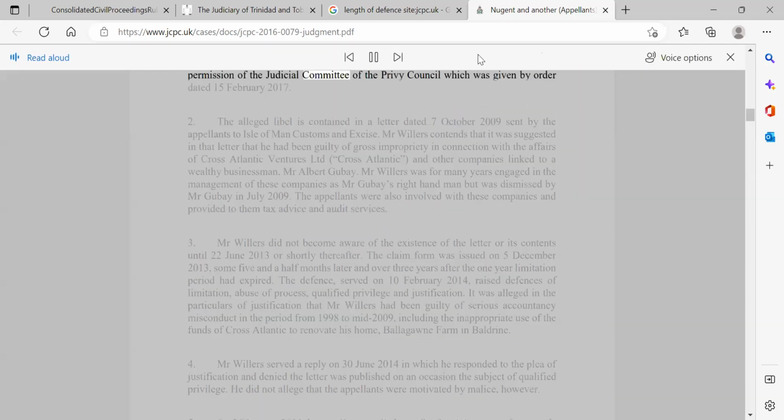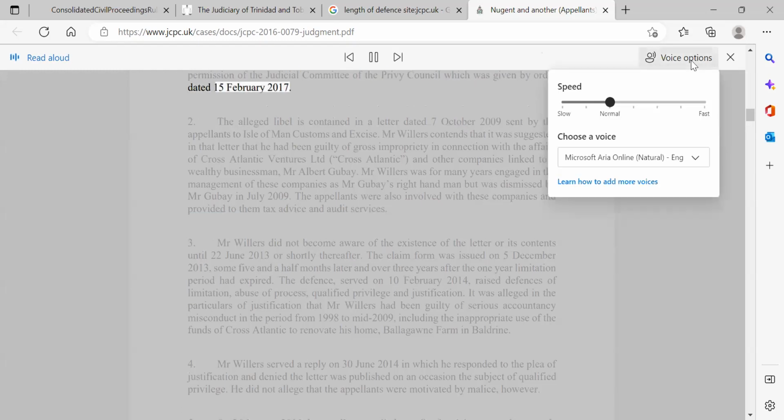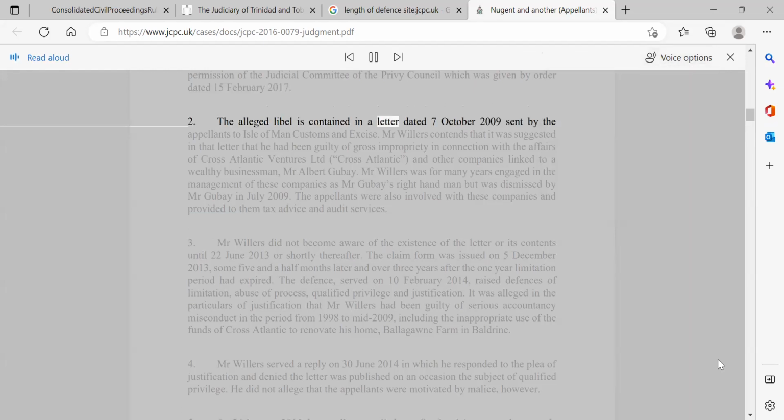Permission of the Judicial Committee of the Privy Council, which was given by order dated February 15, 2017. 2. The alleged libel is contained in a letter dated October 7, 2009 sent by the appellants to Isle of Man Customs and Excise.